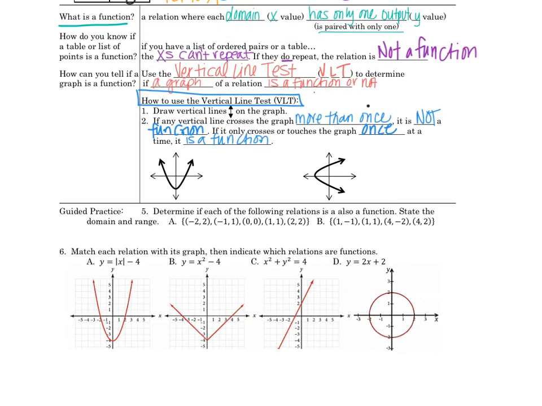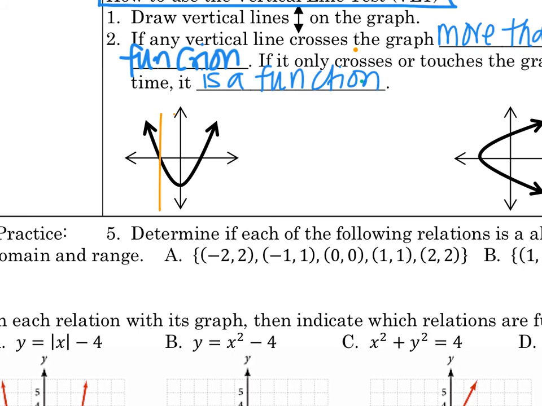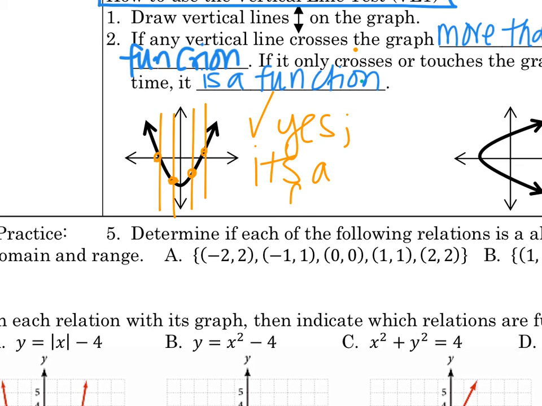Okay, so let's look at what that looks like. Look at this first example here. If I draw vertical lines straight through this graph, notice it only crosses the black graph one time. Each line only crosses one time, so yes, it's a function.